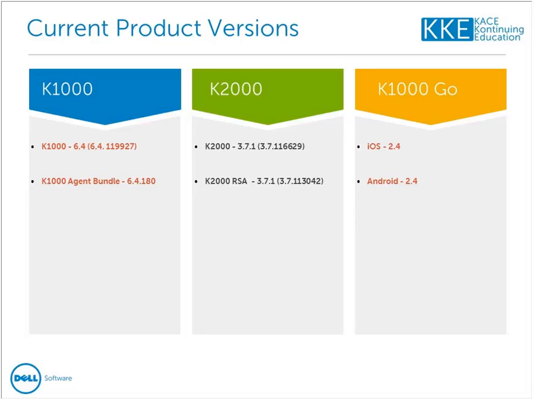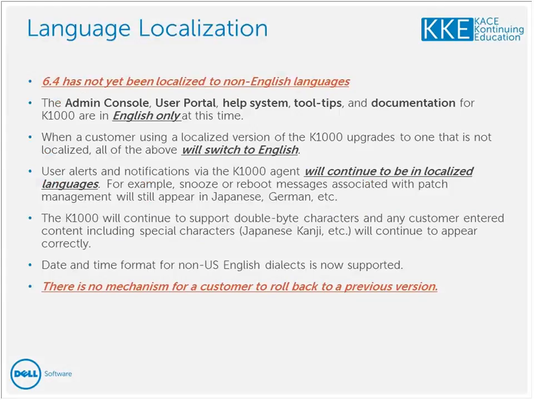Now a little bit about 6.4. We've been stressing this point throughout all of the 6.4 KKEs, just so everyone is aware: 6.4 has not yet been localized to non-English languages. So if you are running a non-English language, this would not be a good update just yet, unless you are prepared to move back to English permanently until such time that we release our language update to the appliance.